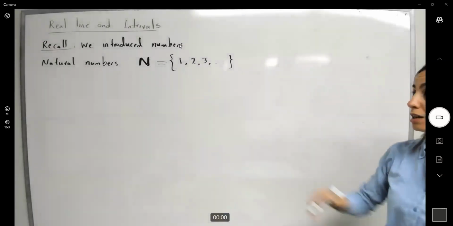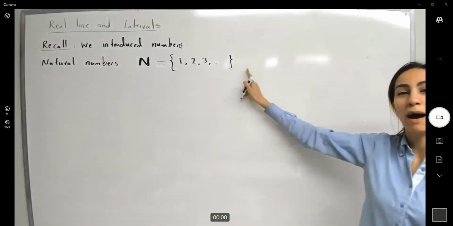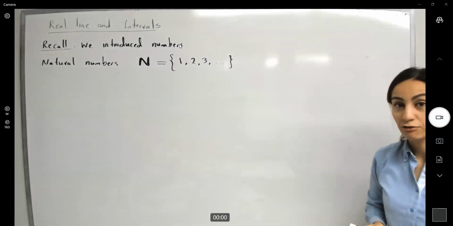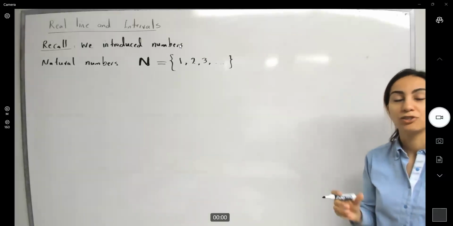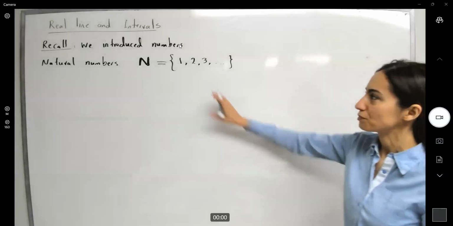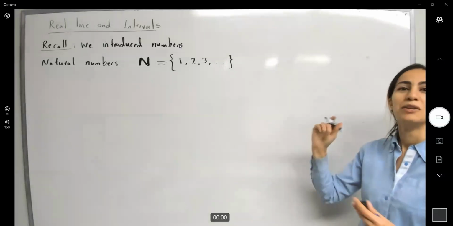As you remember, the smallest number in this set is 1, and the maximum number is usually denoted by infinity. But infinity is not an actual number. It's just representing the largest number. To represent natural numbers, we use number line.